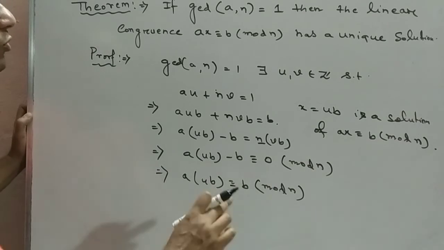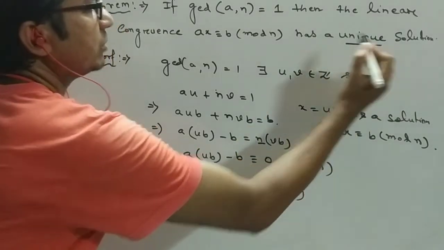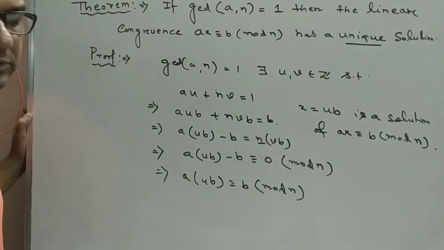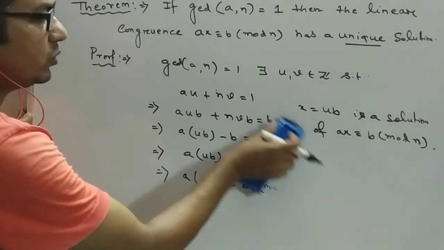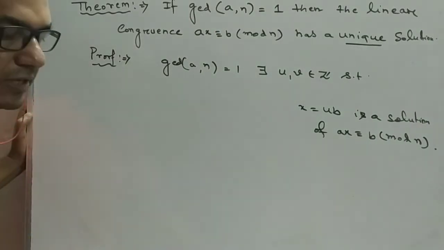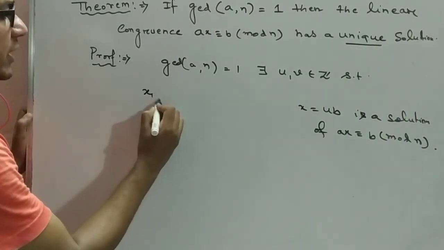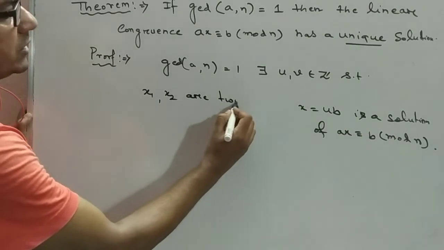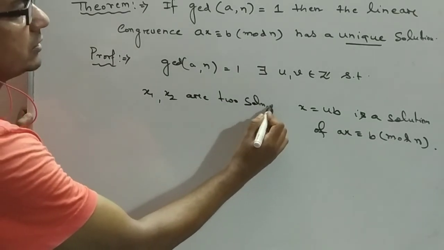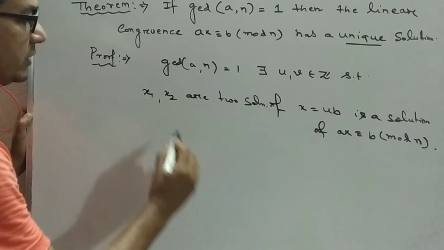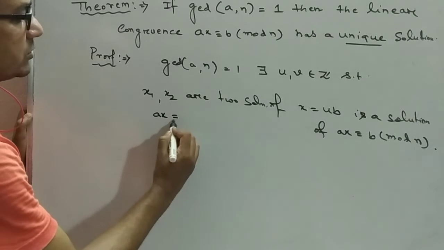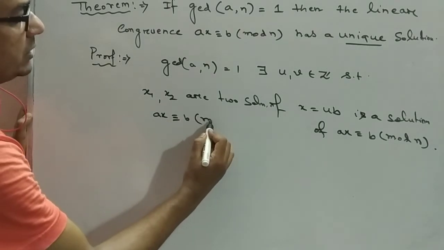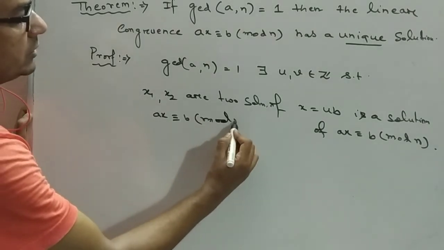Now we prove the uniqueness of the solution. Let, if possible, x1 and x2 be two solutions of Ax congruent to B mod n.